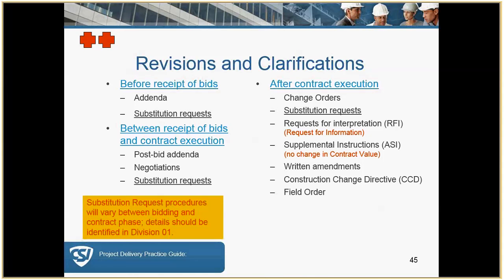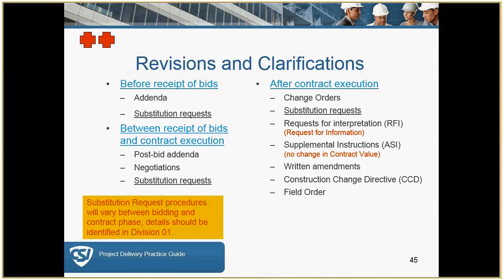After the bids are done in a private project, the owner and the contractor go in a smoke-filled room and hash out some particular changes. If you're not party to that, you need to find out what those changes are. And the best way to do it is to include it in a post-bid addendum. That way everybody's familiar with what those revisions are.